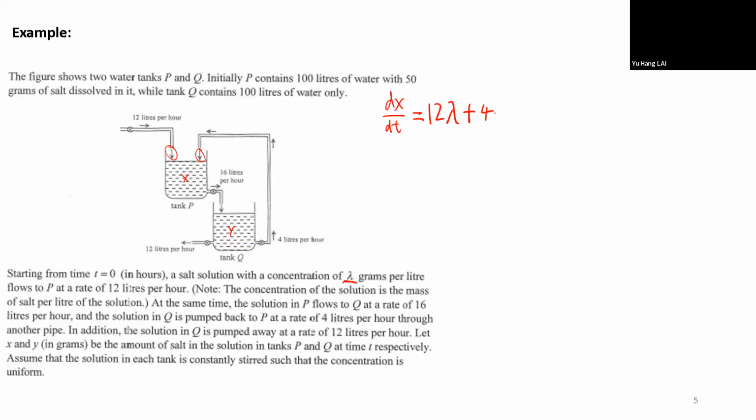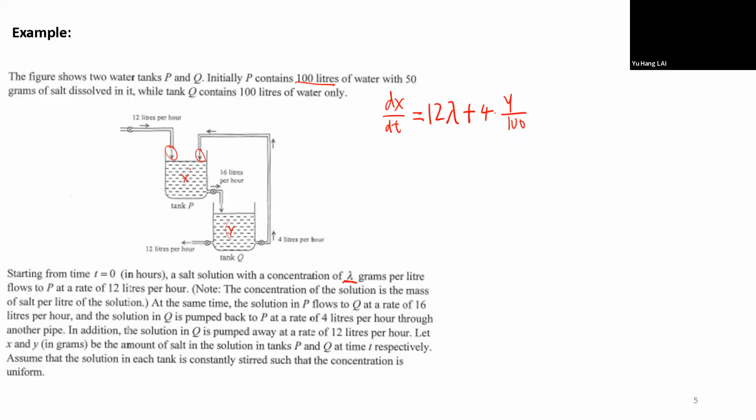So what is the concentration of salt at this input? That depends on the amount of salt Y in tank Q. If there's an amount of salt Y in this tank, then the concentration here is Y divided by the amount of water in tank Q, which is always kept at this much. So these are the two inputs.